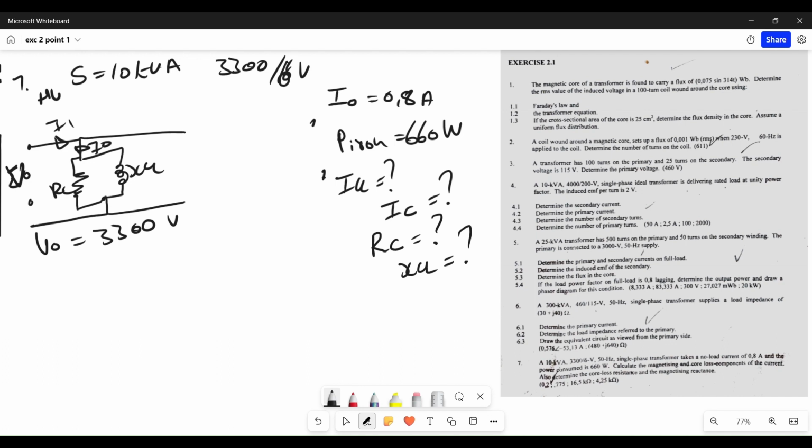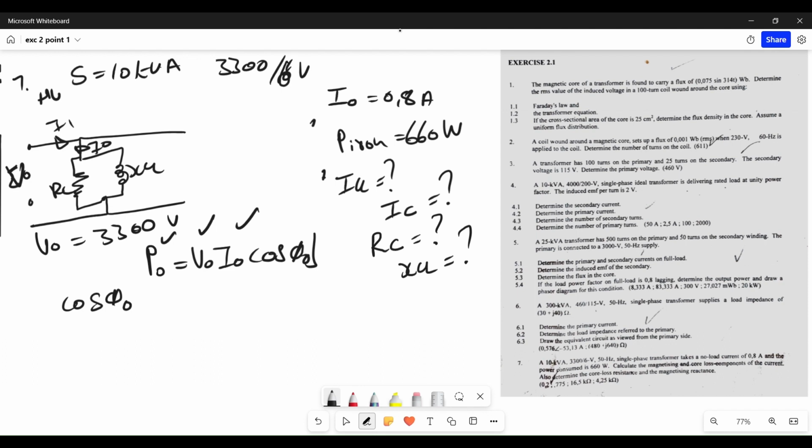Being on the HV side, I can now start and calculate. I know that P0, which is the iron power, is equal to V0 I0 cos phi 0. So I have my current, my power and my voltage, and I can find my power factor.